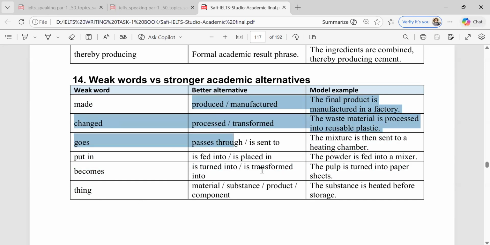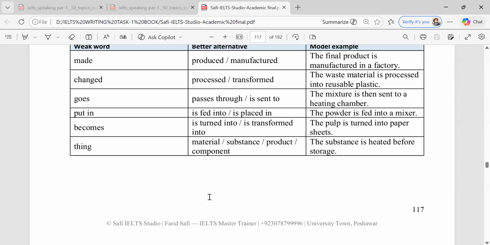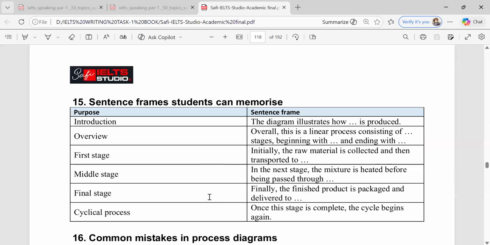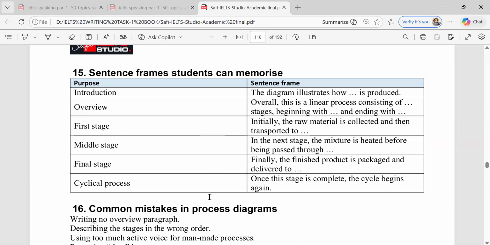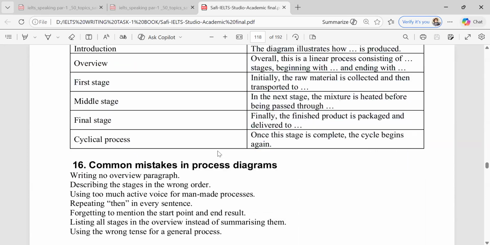If your target is band 7 plus, then instead of made, you can say produced or manufactured; instead of changed, processed or transformed; instead of goes, passes through or is sent to; instead of put in, is fed into or is placed; and instead of thing, you can use material, substance, product, and component. And you understand the sequence frames, as I told you. You can memorize these words and this language if you wish.